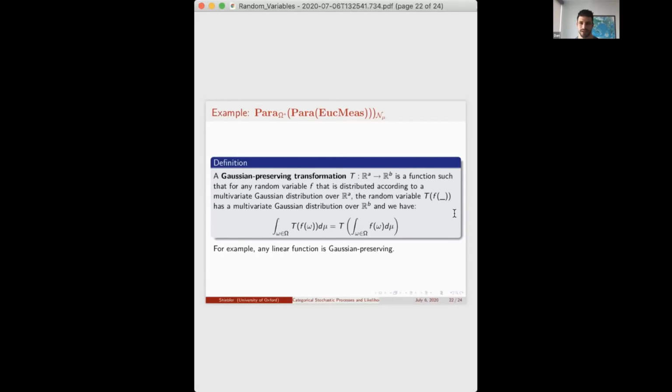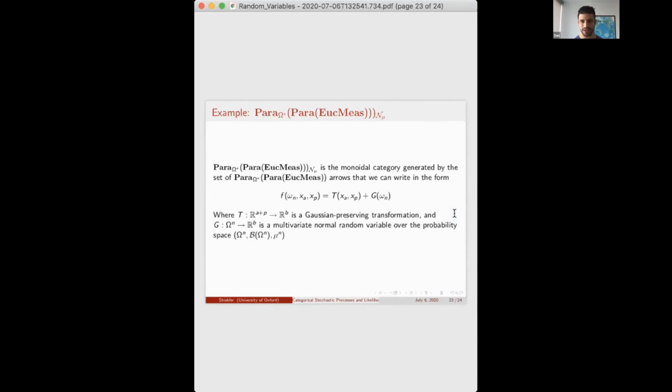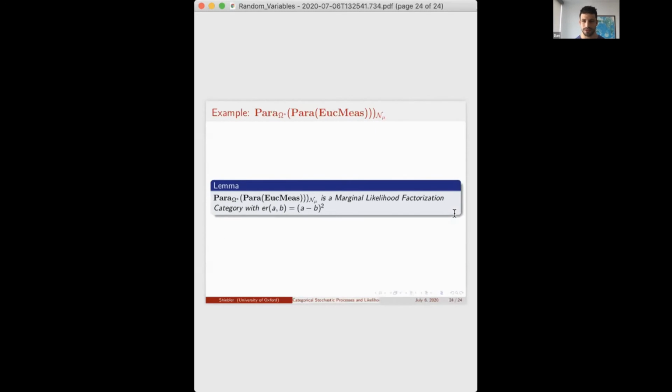Basically, we have maps that preserve Gaussianity, where if you have a Gaussian random variable and you apply this map, you get a Gaussian random variable out of it. Then we can build a monoidal category of these kinds of transformations, of these kinds of stochastic processes. And when we do this, we get a marginal likelihood factorization category where the error function is mean squared error.